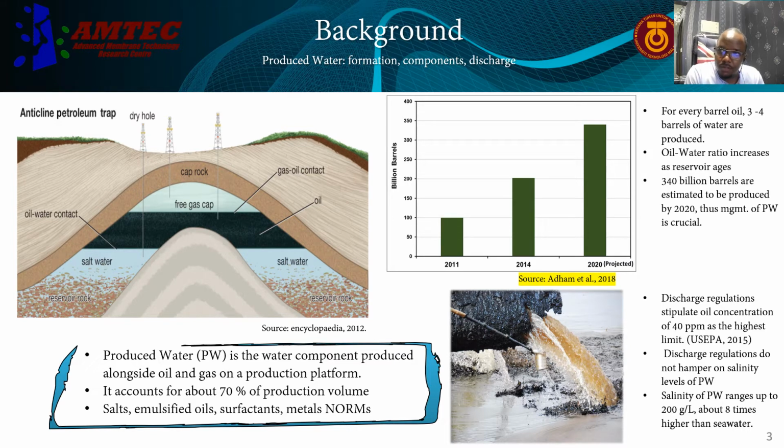It depends on the geology or geochemistry of the reservoir in which it is found. So you have salts of different kinds, emulsified oils, surfactants, metals, by the time it's separated from the crude.